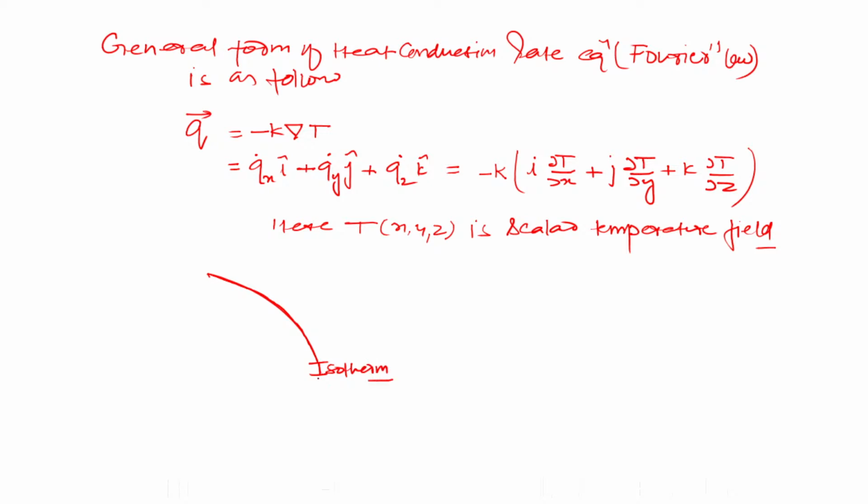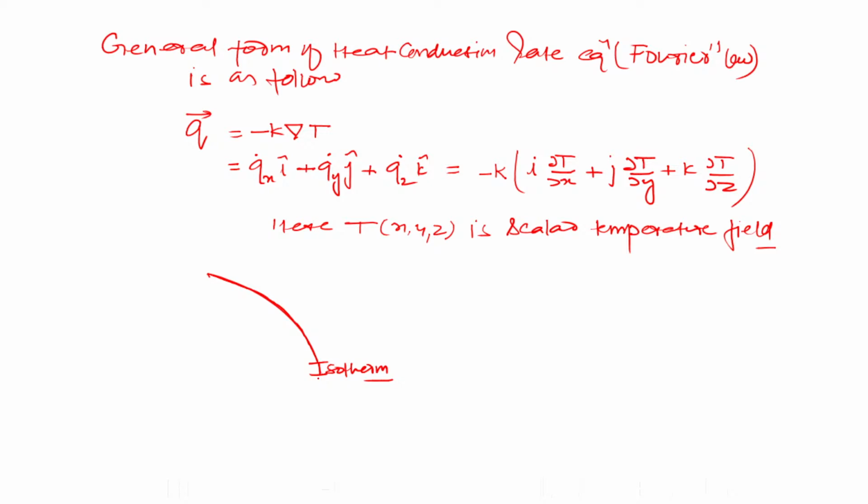Because I told you in more general heat, if you recall, the direction of heat flux is normal to cross-sectional area. What direction of heat transfer? It is always normal to area, yes or no?